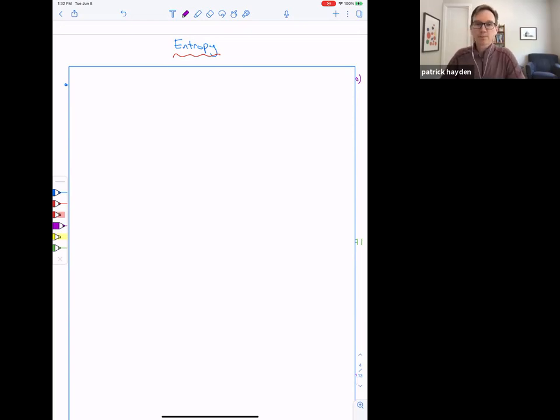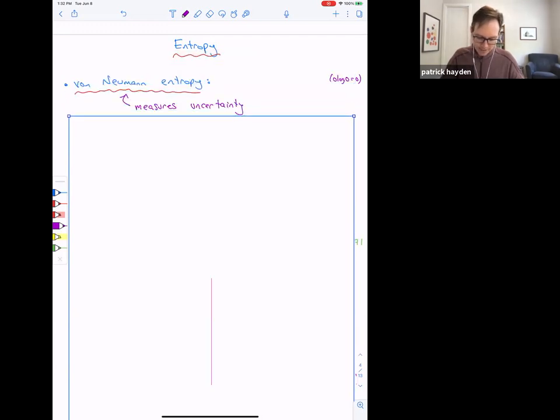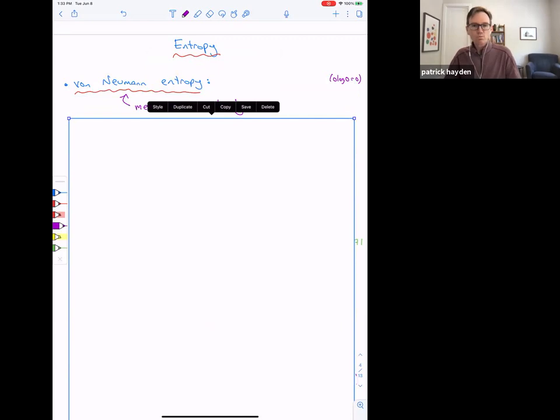StatMech cleared up quite a bit of the mystery about entropy, that it was really associated with state counting. And at the end of the day, that's really what entropy is. It's some function that measures uncertainty. And there are actually many different notions of entropy that one can come up with. We'll see a few of the different notions of entropy over the course of today and maybe tomorrow as well.